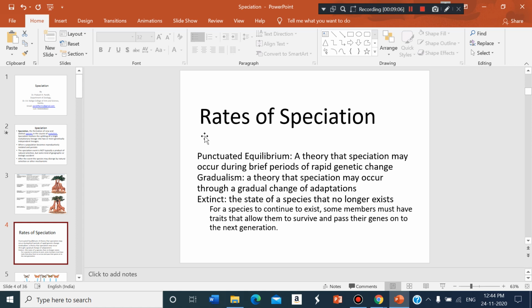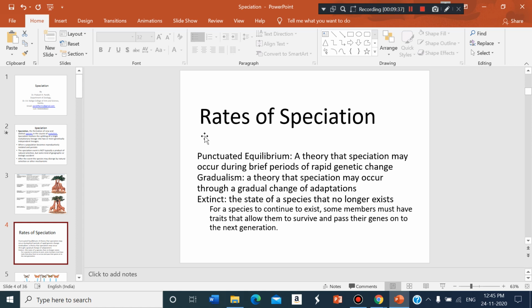So, for a species to continue to exist, some members must have traits that allow them to survive. If any species is surviving today, it means at least some members of that species have certain characters or traits that help them to stay alive.